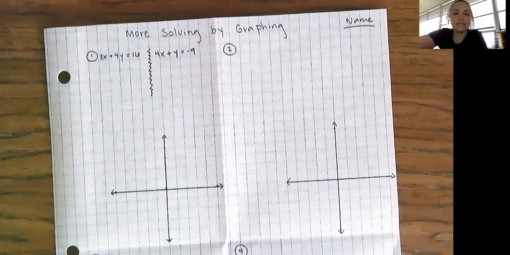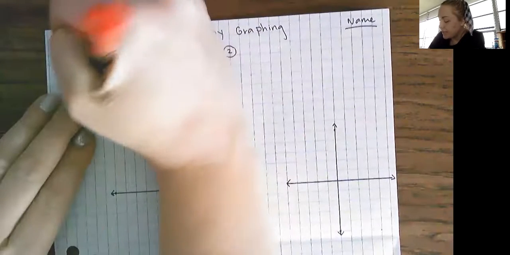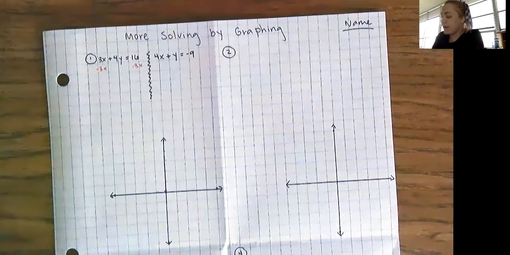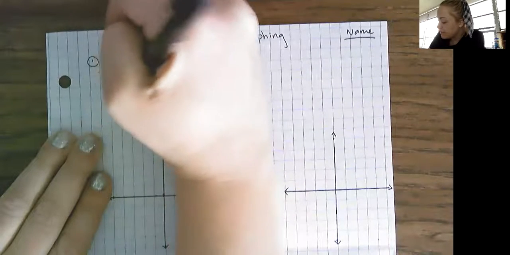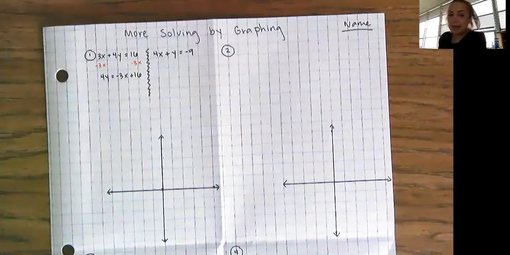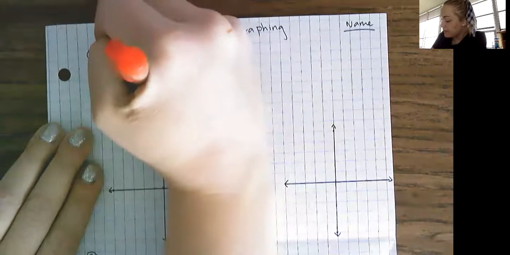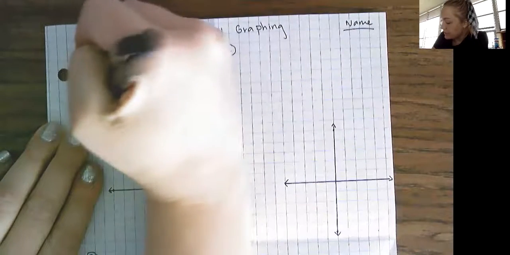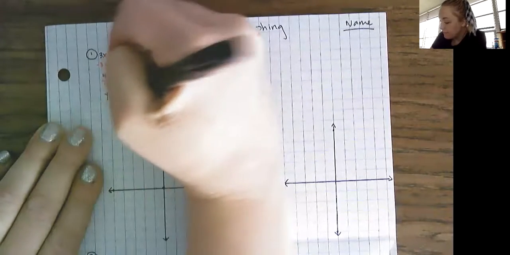Okay, so both of these things need to be solved for y. I'm going to start with this first equation. I'm going to subtract 3x from both sides. And when I do that, I have 4y left equals -3x plus 16. My last step, divide by 4. And I've got y equals -3/4 x plus 4.